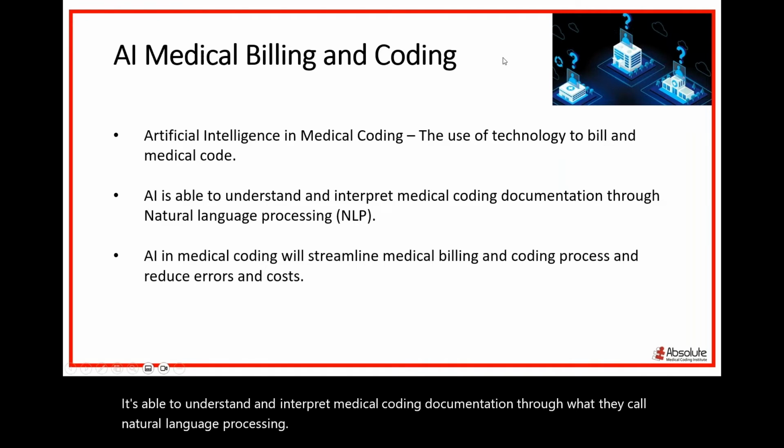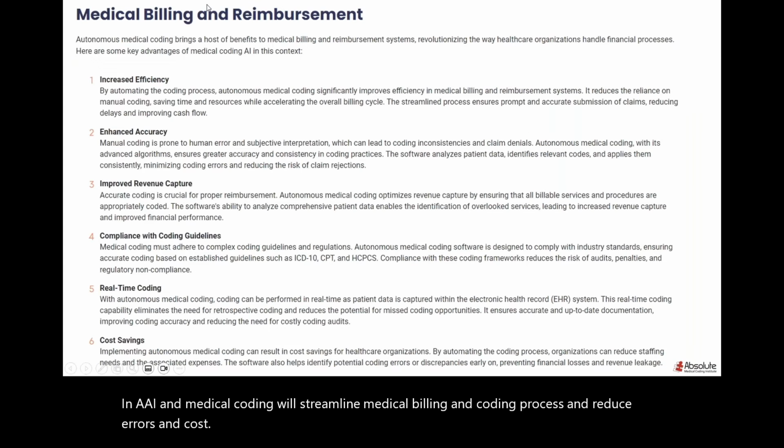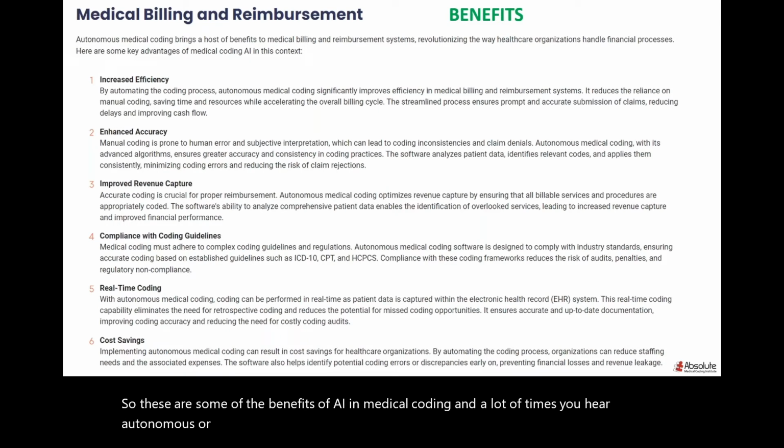AI in medical coding will streamline the medical billing and coding process and reduce errors and cost. So these are some of the benefits of AI in medical coding. And a lot of times you hear autonomous medical billing.